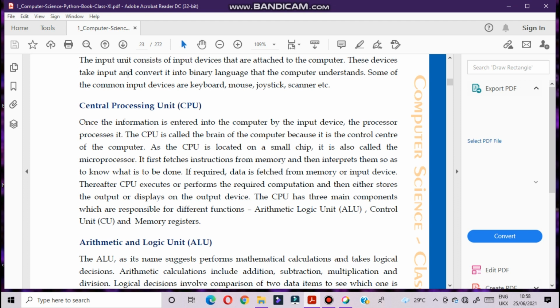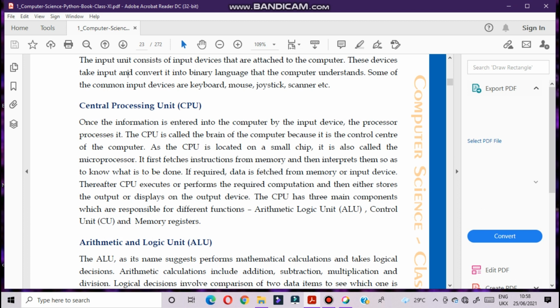It first fetches instructions from the memory. Fetches means picks up instructions from the memory, because memory keeps the data or instructions.